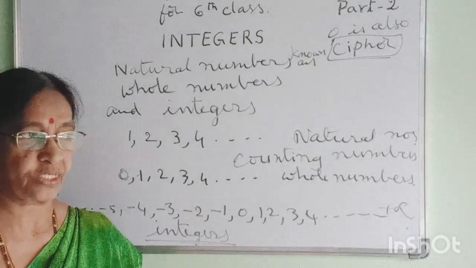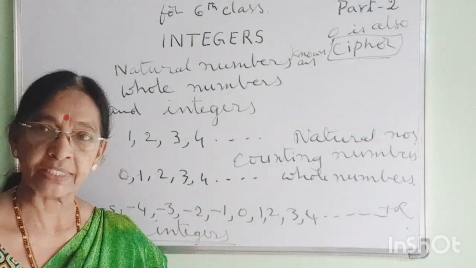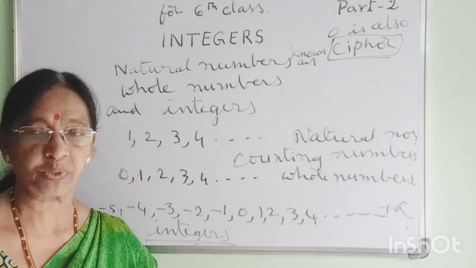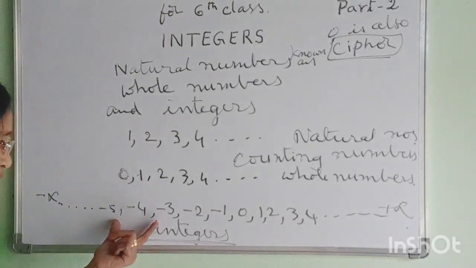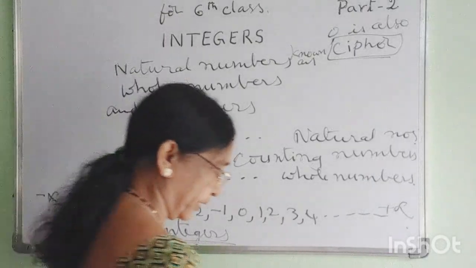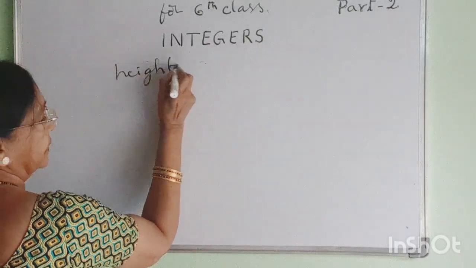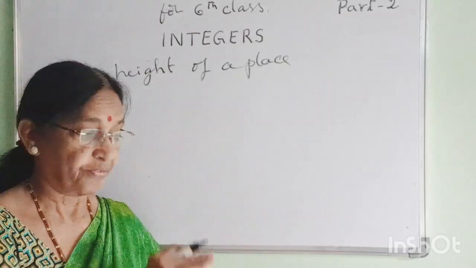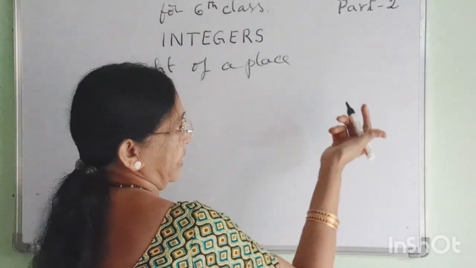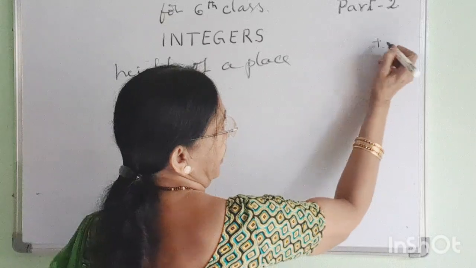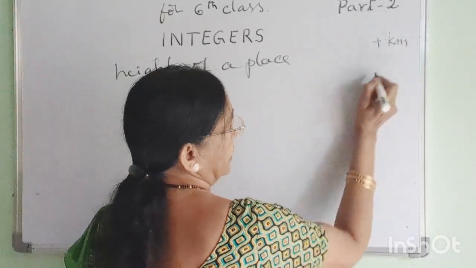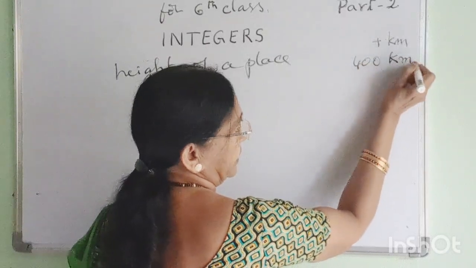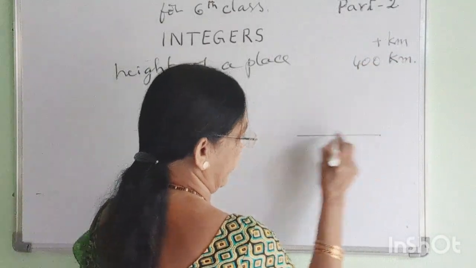In many situations, we have to measure distance or whatever in opposite directions. In such cases, we use negative numbers. For example, the height of a place from the sea level is measured in positive numbers, plus kilometers. Suppose a hilltop is at a height of 400 kilometers from the sea level.